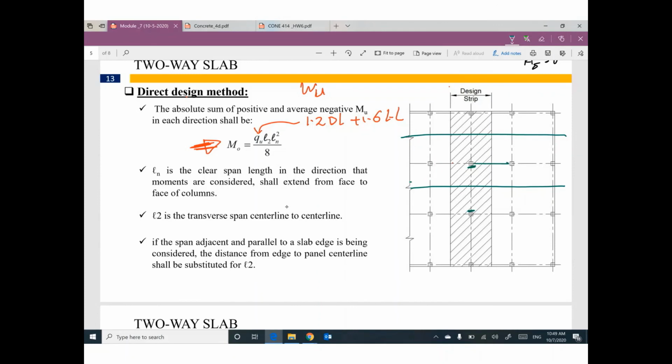This is Ln. L2 will be from this center line to this center line. So L2 is all the time perpendicular to your strip. Ln is in the same direction as your strip, but from face to face.